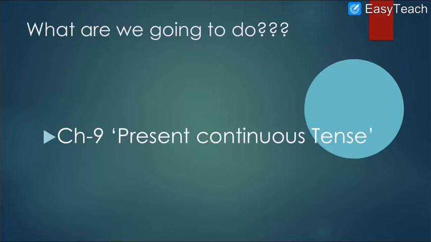So for now the present and past types are in your syllabus. Simple present and simple past tenses are done. Now I shall introduce you to present continuous tense, which is again a present tense type, and it is as easy as the simple present tense was.